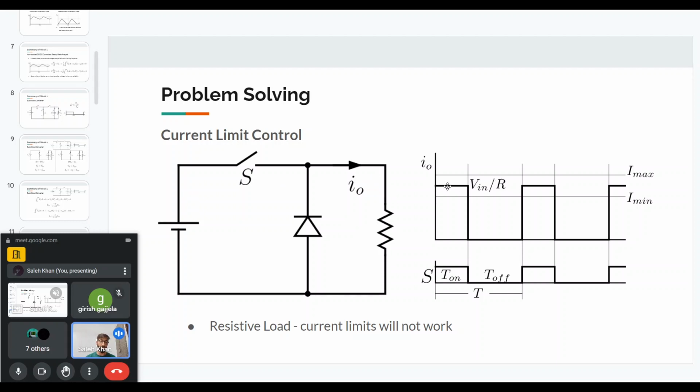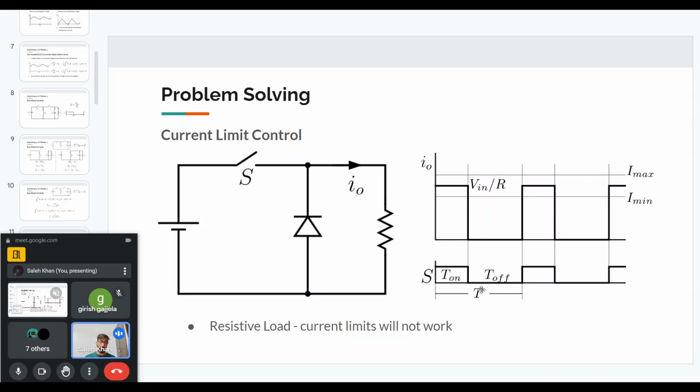So V in by R will be this current at that point. And since V in is constant and the resistance is constant, this current will also be constant. So it will not rise or fall in any manner. It will not reach Imax, it will not reach Imin. So we cannot use current limit control to turn this switch off or on.